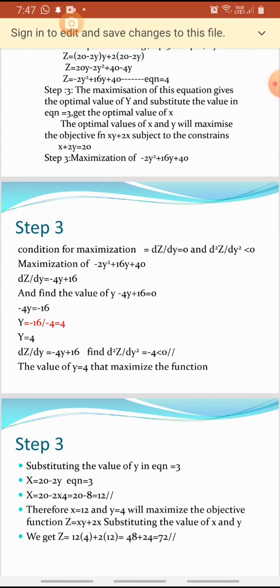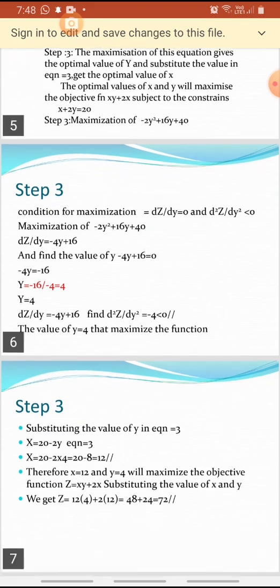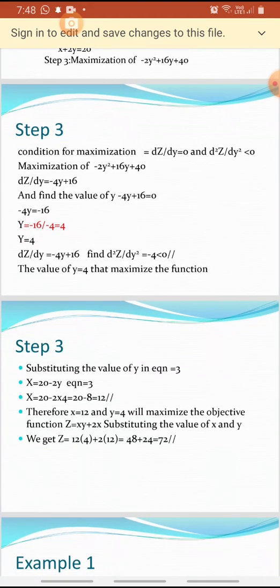First find the first derivative and equate it to 0, then find the second order derivative; if it is less than 0, we have a maximum. So dz by dy is minus 4y plus 16.